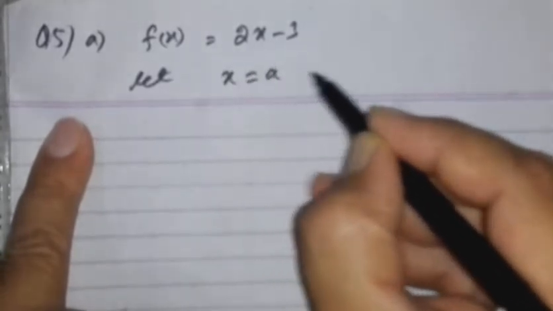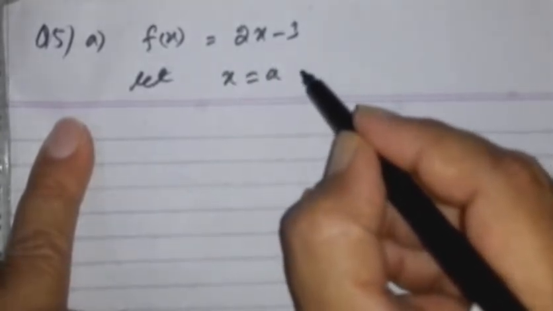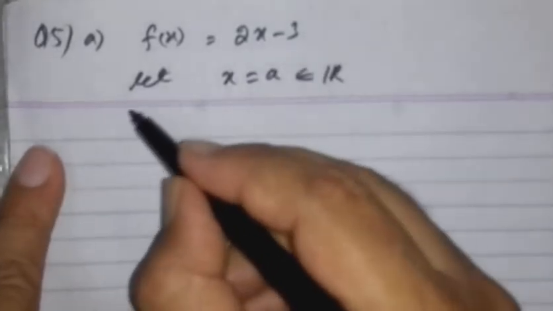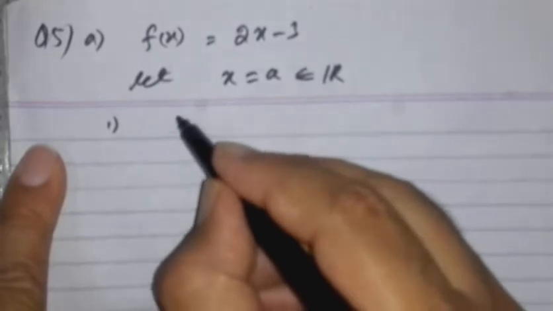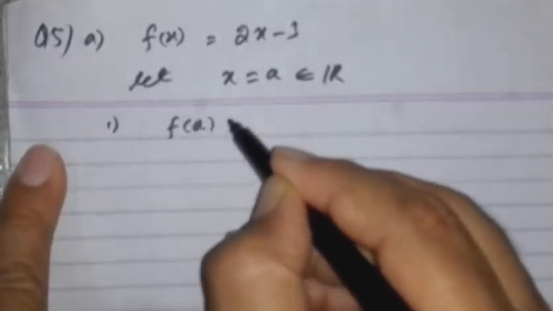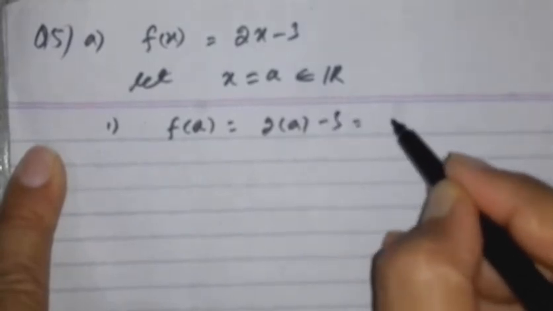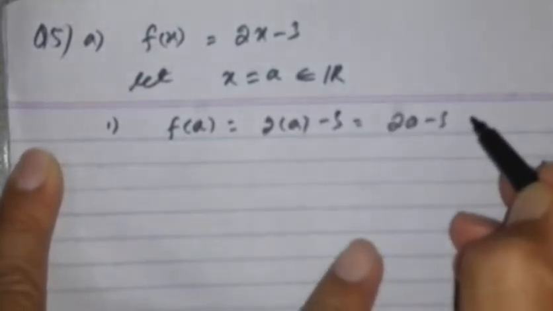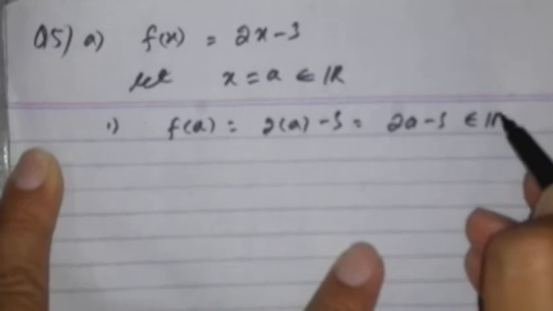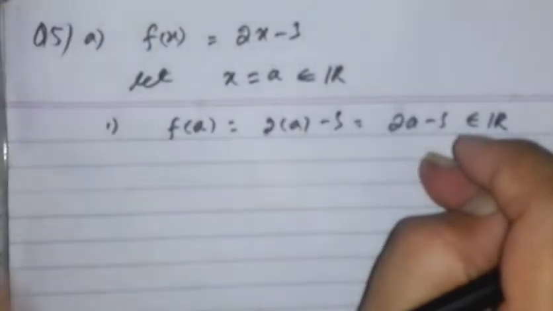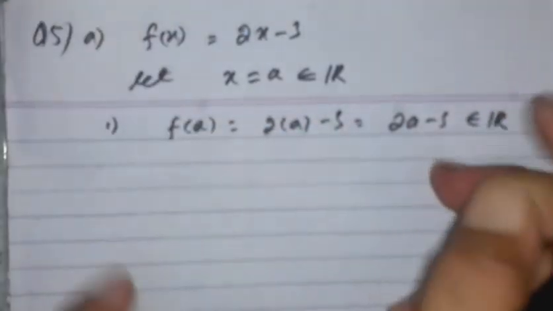Let x equals a, belonging to the real numbers. The first condition is we find f of a. F of a equals 2a minus 3, and 2a minus 3 is also a real number. It is defined. Put any value of a, 1, 2, 3, it is defined.